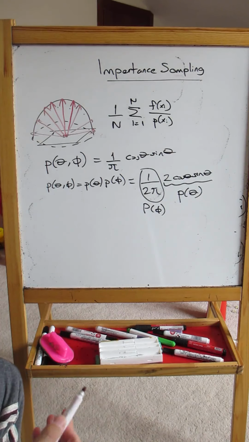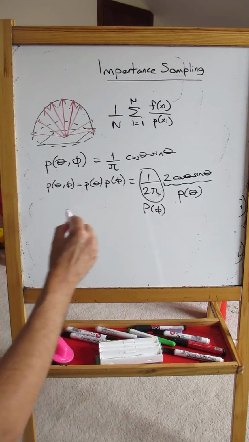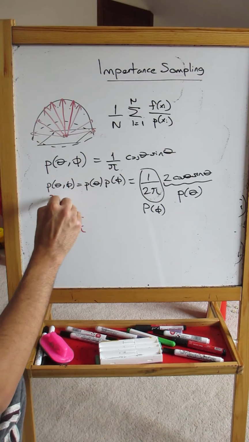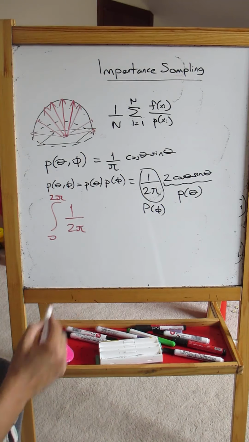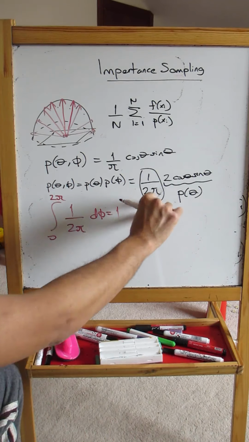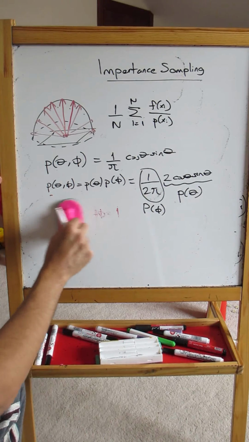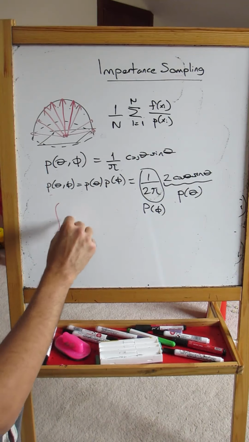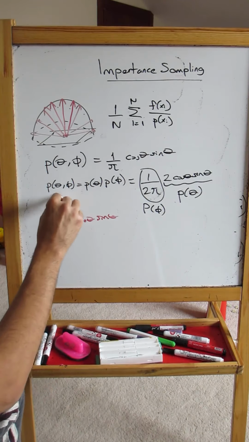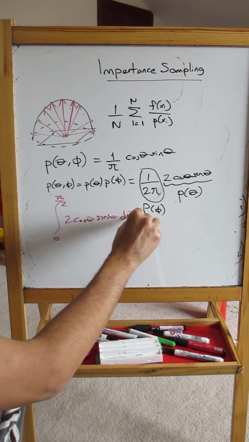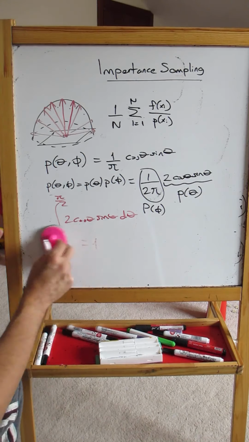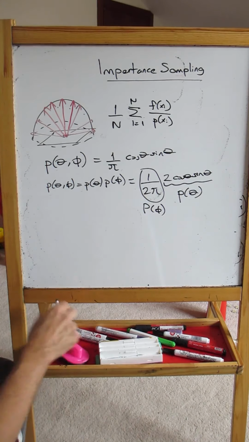If you integrate 1 over 2 pi from 0 to 2 pi d phi, you get 1, so this is a proper PDF. Then if you integrate 2 cos theta sin theta from 0 to pi over 2 d theta, again you get 1. Therefore we can treat them as individual PDFs.